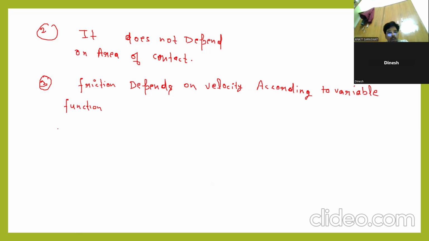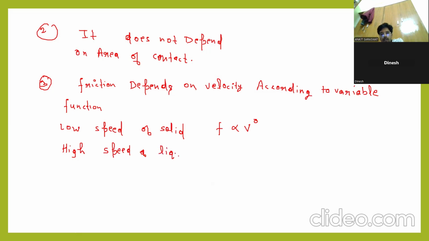So for low speed of solid, friction is v to the power 0, experimentally. For high speed of liquid, friction varies with velocity.